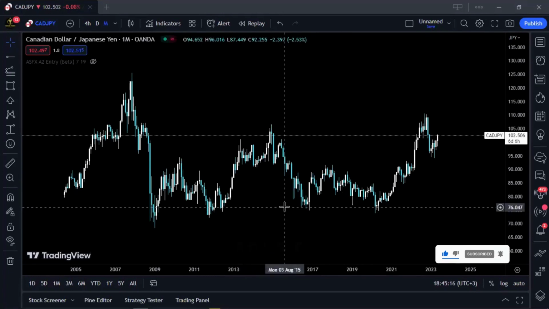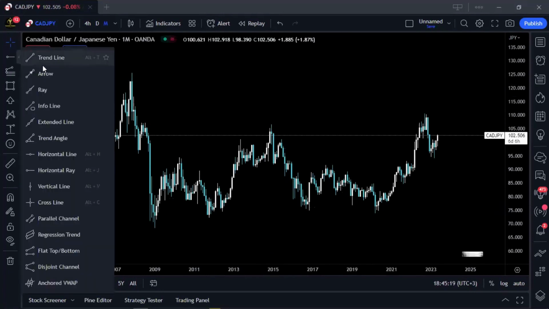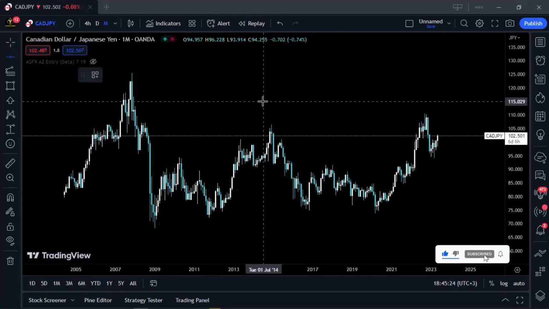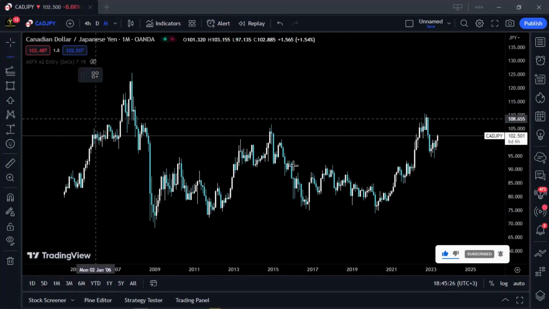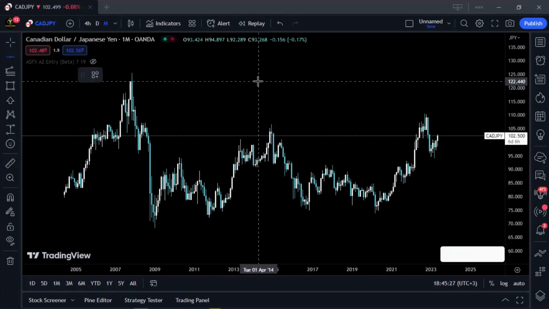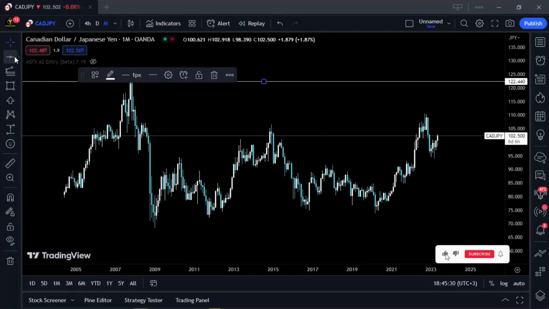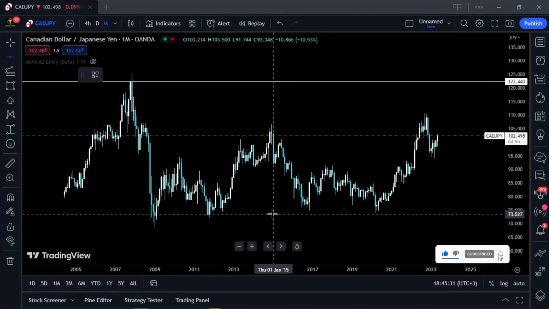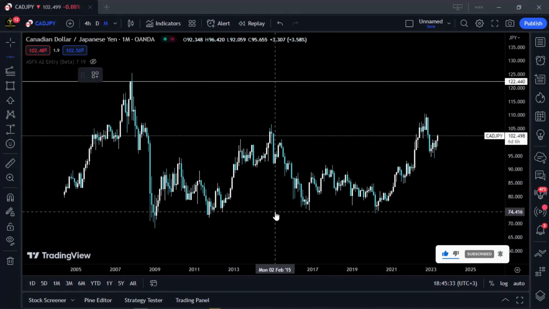Now, when we say psychological key levels, these are very strong key levels in the market, like you can hardly miss them. So for instance, in the monthly time frame right here, I can go ahead and click on some random points where they are very hard to miss, right?